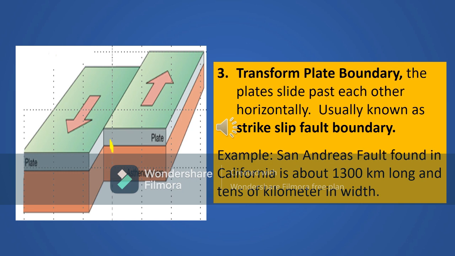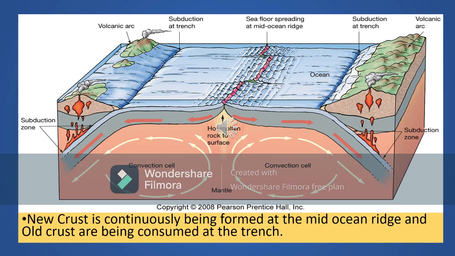Example of this is the San Andreas Fault that cuts through California, is about 1,300 kilometers long and tens of kilometers in width. New crust is continuously being formed at the mid-ocean ridge, and the old crust is being consumed at the trench.